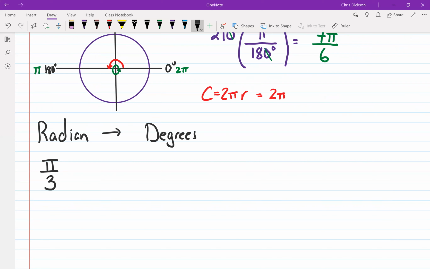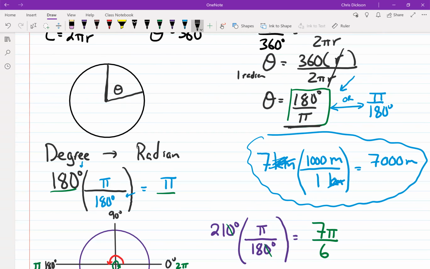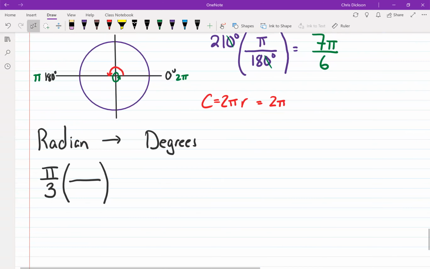Well, I'm going to multiply by a conversion factor, and once again, I have to choose between this one or this one. Those are my 2 choices here. And what I notice here is that I don't have a degree symbol. In fact, I'm trying to get degrees. So that would mean I'm going to put the term that has degrees on top and divide it by pi. So here, if I multiply 2 fractions, I times the numerators, and then times the denominators.